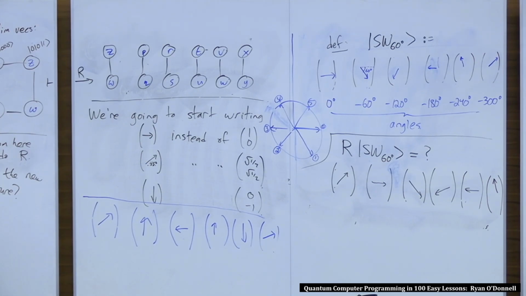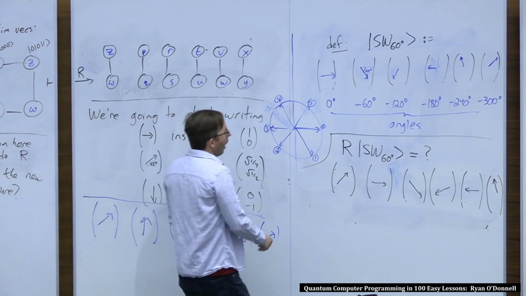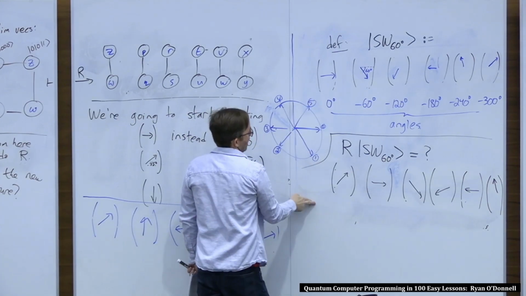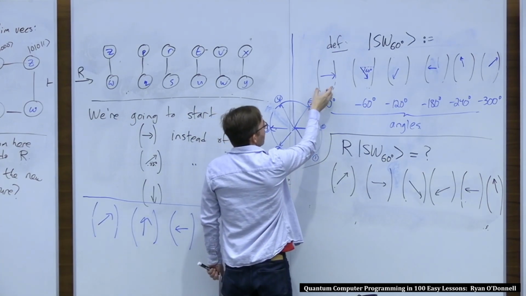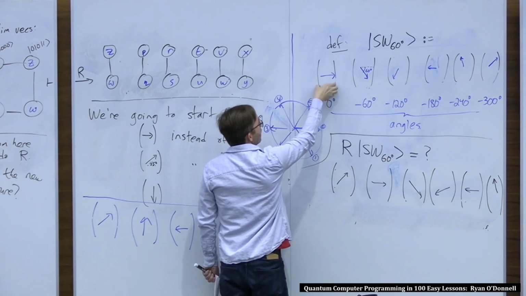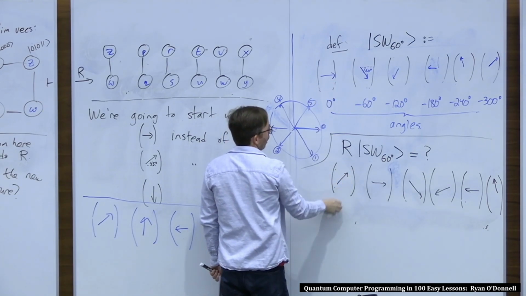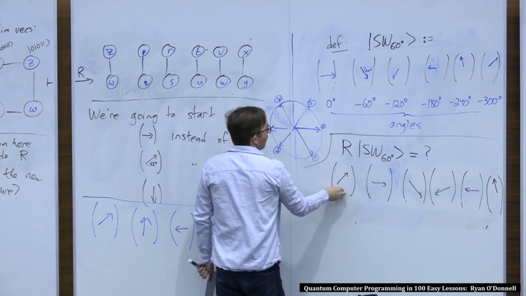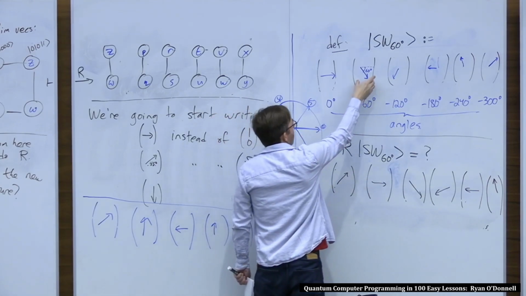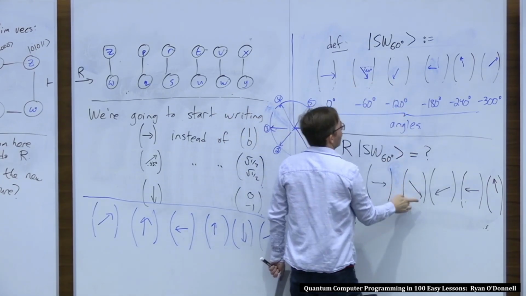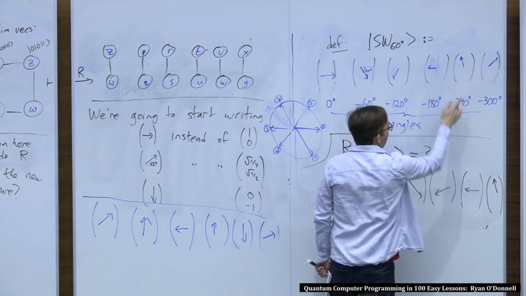And what you notice is an equivalent description of how to get from here to here is if you just did a counterclockwise 60-degree rotation on each of the little columns. We 60-degree rotated this counterclockwise, 60-degree rotated here, 60-degree rotated here, and so forth.